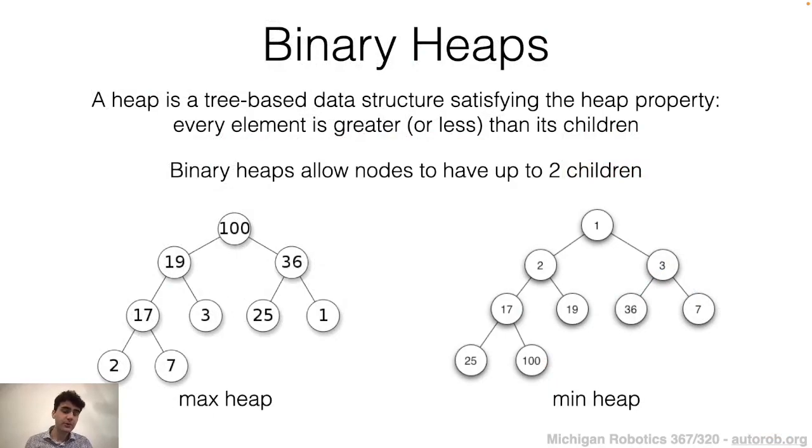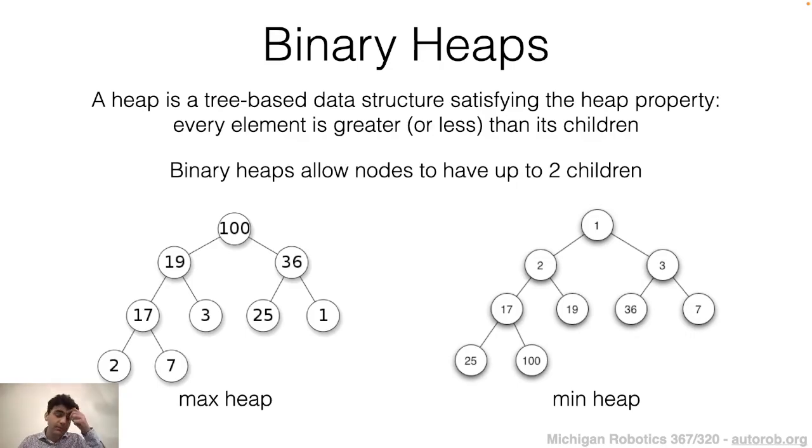For those of you who haven't worked with binary heaps before, a heap is a tree-based data structure that satisfies what's called the heap property. The heap property specifies that within the tree, every element has to be greater than all of its children in the case of a max heap.